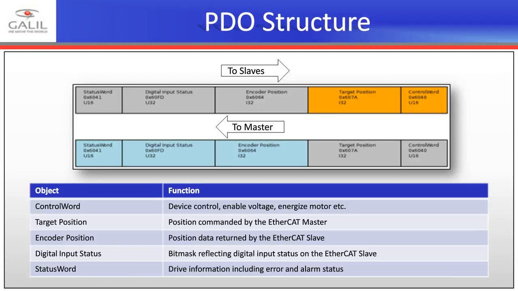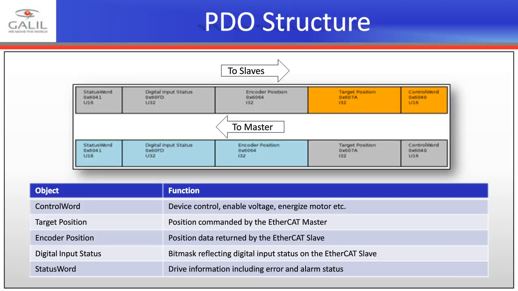Target position is pretty straightforward. Tell the drive what position to be at in encoder counts. And that's it. That's all the master sends out to the drives on every cycle. That's one of the reasons that EtherCAT is so streamlined. You're sending such a small amount of data, which is then interpreted on the other end.